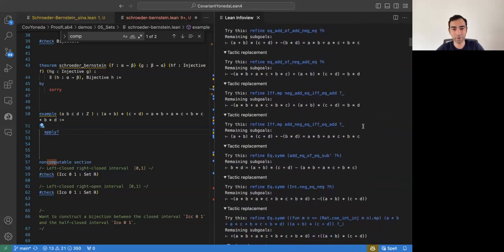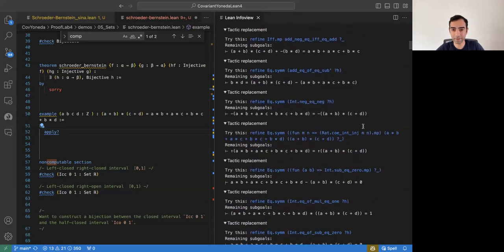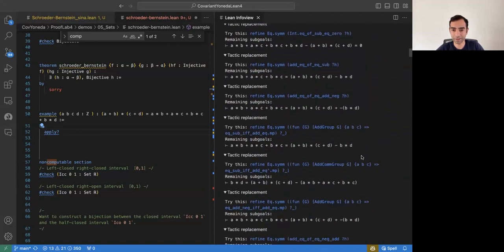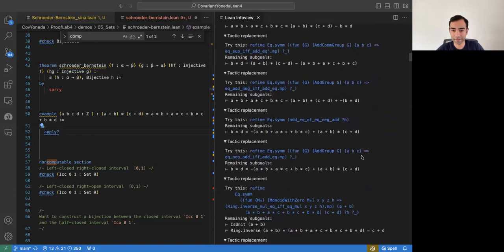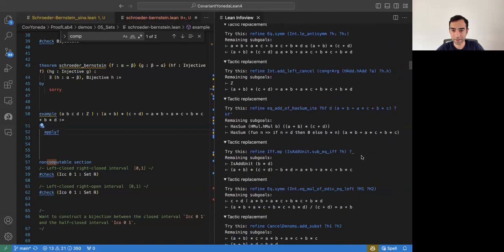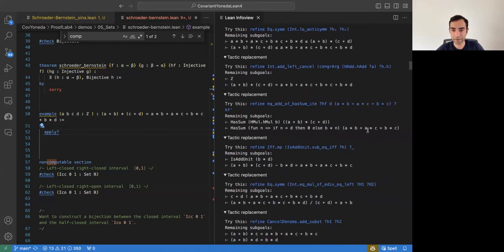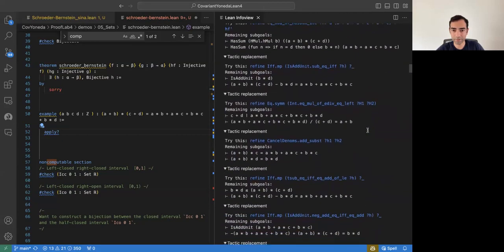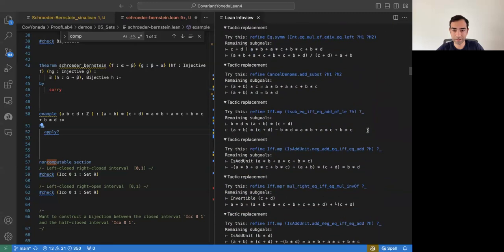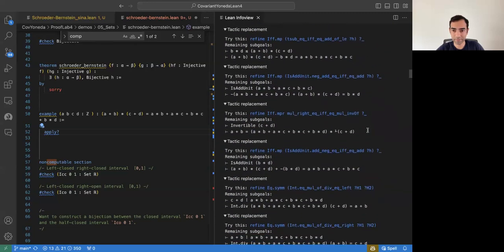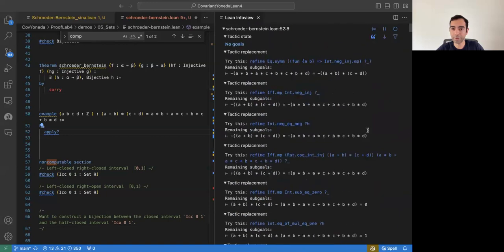So I'm now looking for mul_add or add_mul or something like this in this list of suggestions, if there's such a thing. Okay, I think we are getting closer maybe to some of the goals. Maybe not. It usually appears to be on the top if it's helpful.